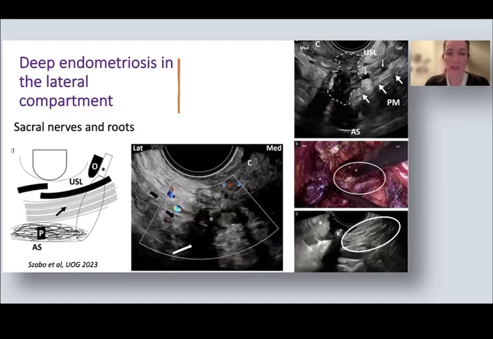Here are images from these publications where the normal sacral nerves look like hyperechoic structures. In case of deep endometriosis lesions in the sacral nerves, we can find hypoechoic structures with irregular borders in the sacral plexus.